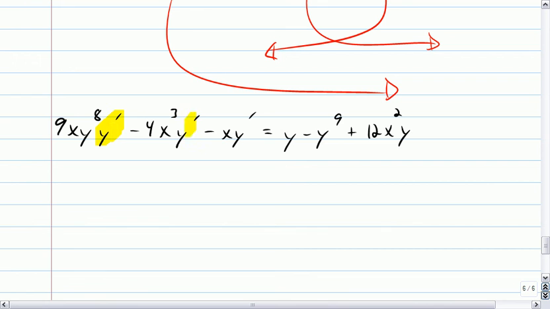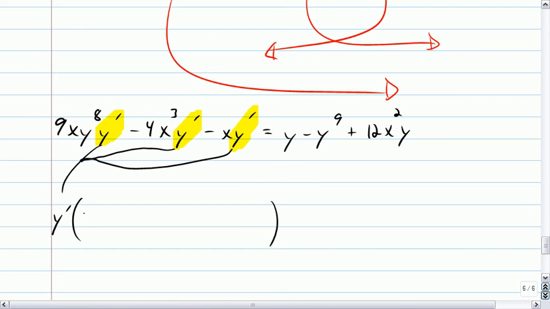Now what do I do to the left side? Right there, each term has a y prime. So you're going to factor it out. So what's left in the first term after y prime comes out? 9x y to the 8th. Okay, the next one. Good.